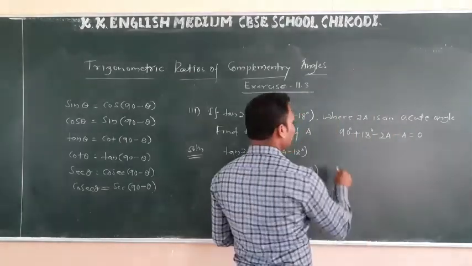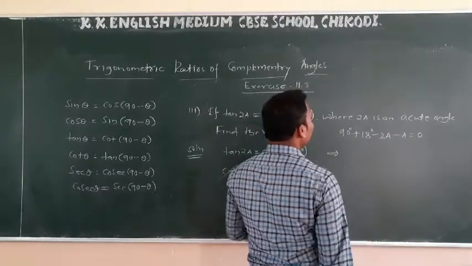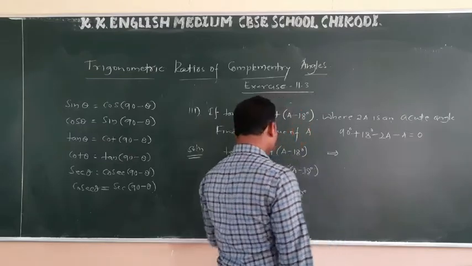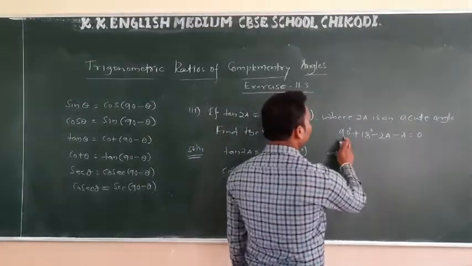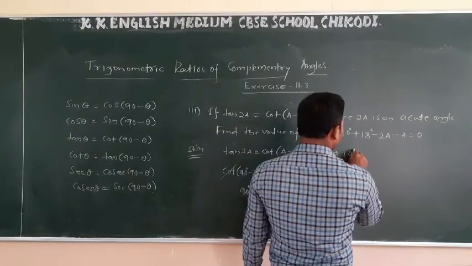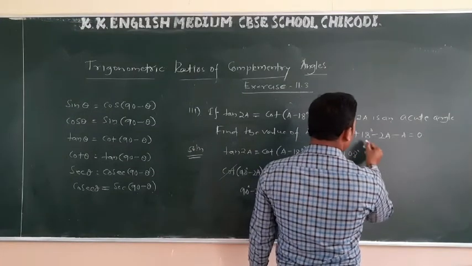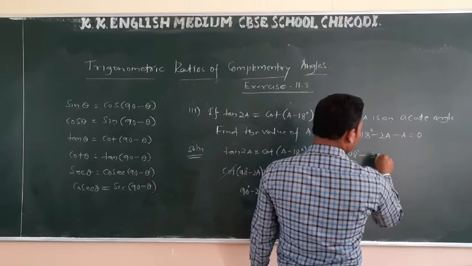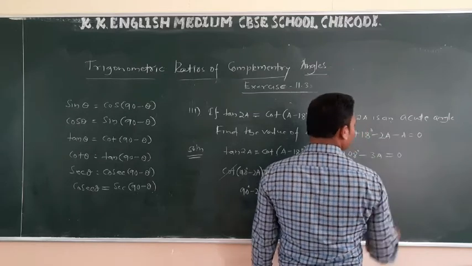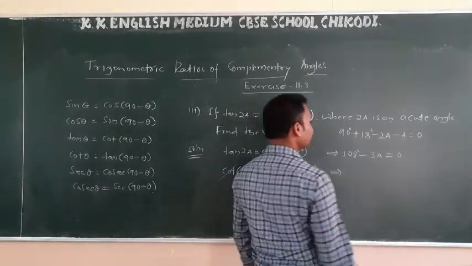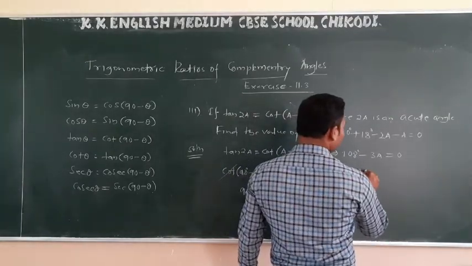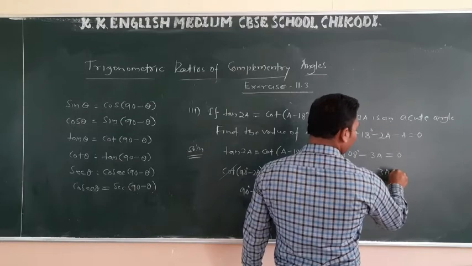So 90 plus 18 is 108 degree, minus 3a is equal to 0. Now the next step: 108 degree as it is, equal to 3a.